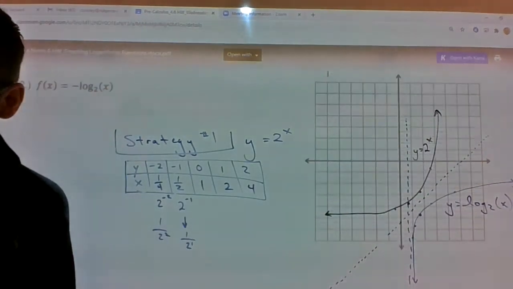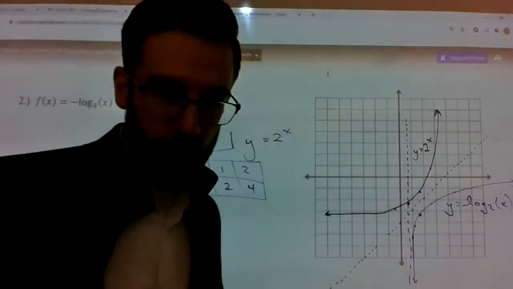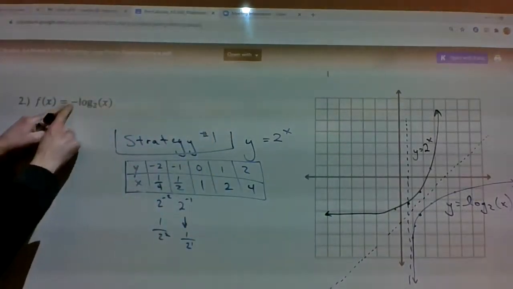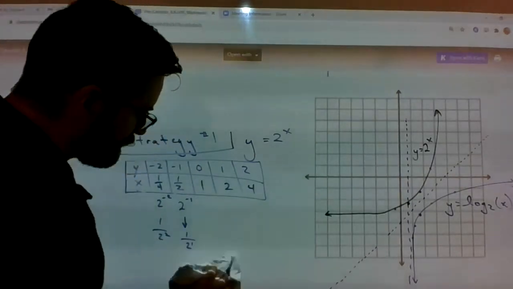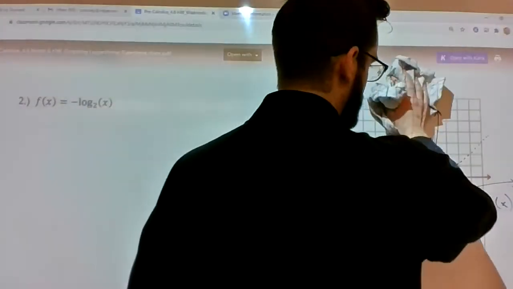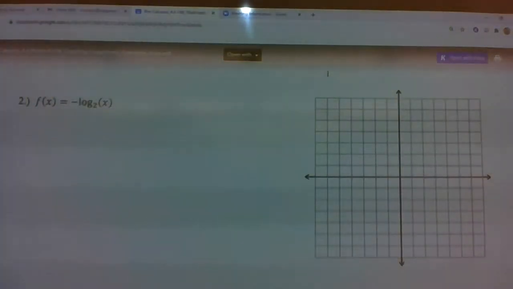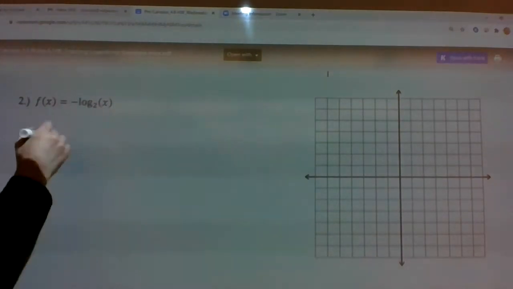Because the second one given gives us a vertical reflection. The negative on the outside, if you recall from the previous video, means a vertical reflection. So let's think about this for a moment.